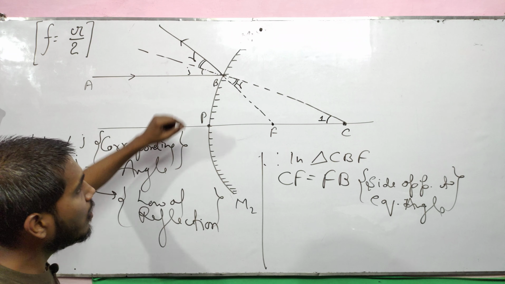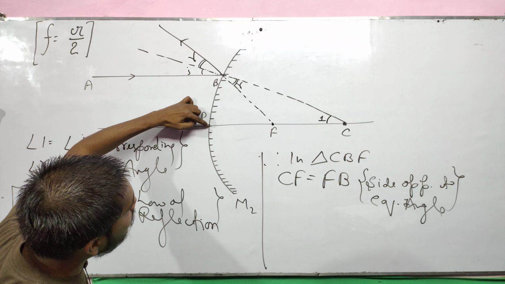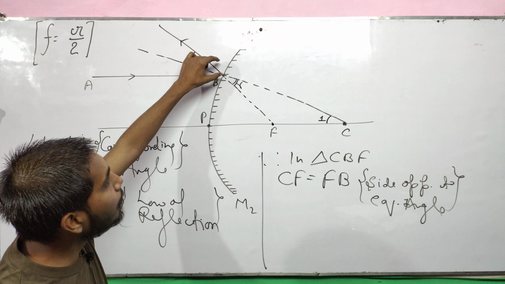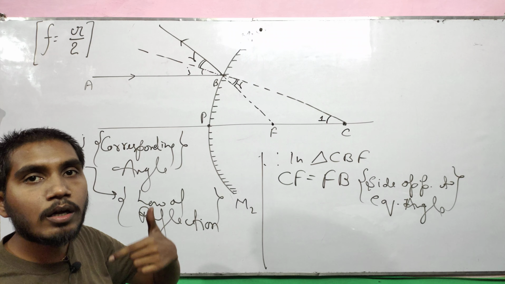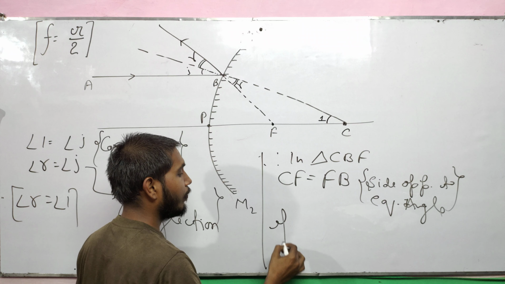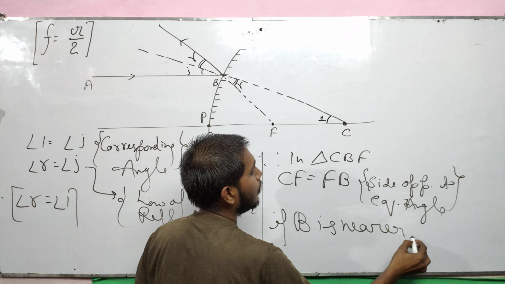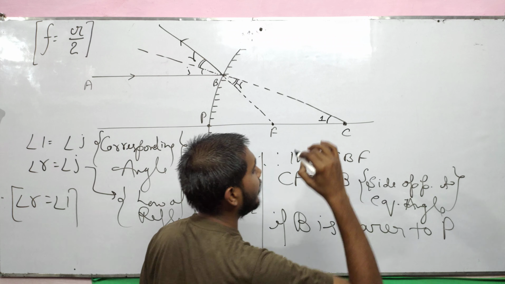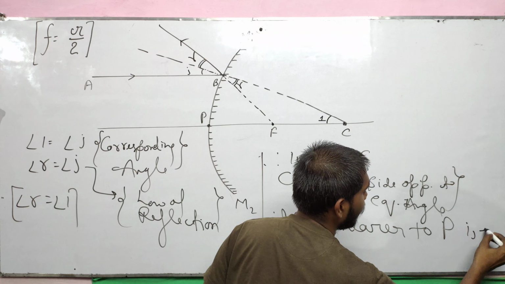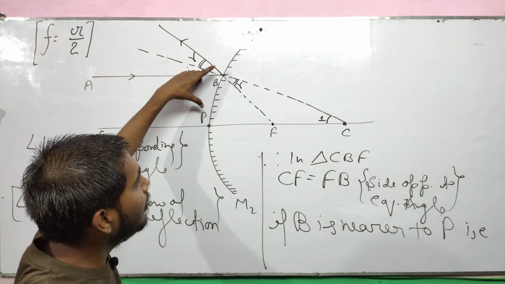Now if B is nearer to P, what is the meaning?